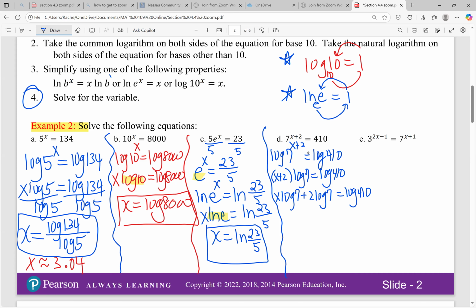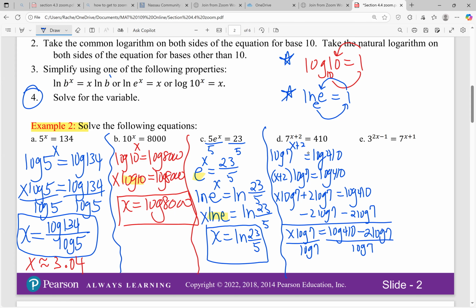And we're trying to isolate x, right? This 2 times the log of 7 right here doesn't have an x term associated with it. So I'm going to bring it to the other side. So I'm going to subtract 2 times the log of 7 from both sides. So we're going to get x times the log of 7 is equal to the log of 410 minus 2 times the log of 7. And now to get x by itself, I'm going to divide both sides by the log of 7.